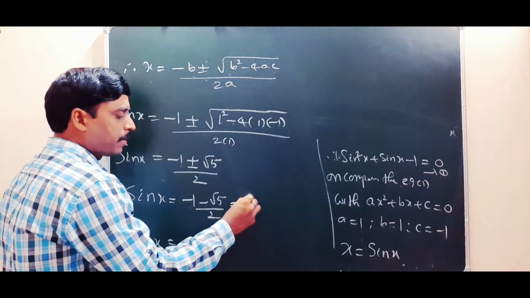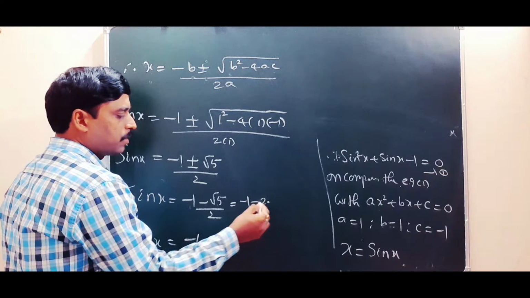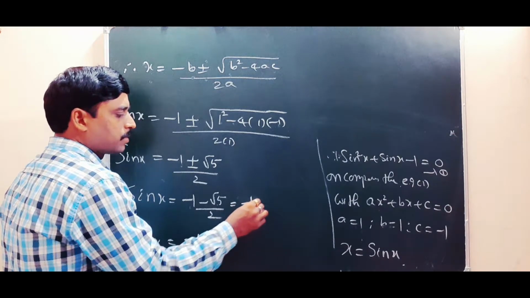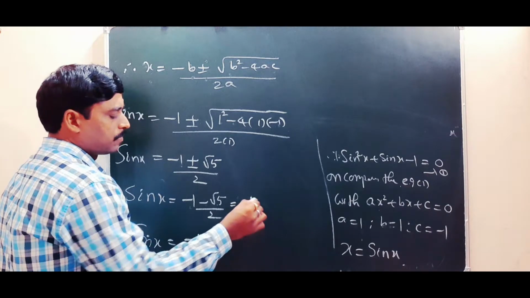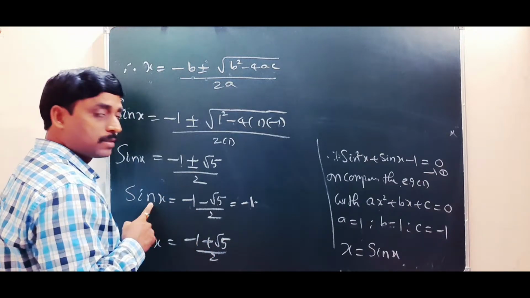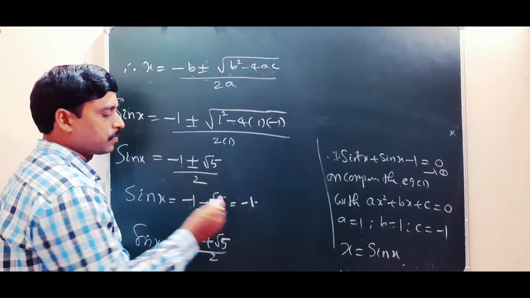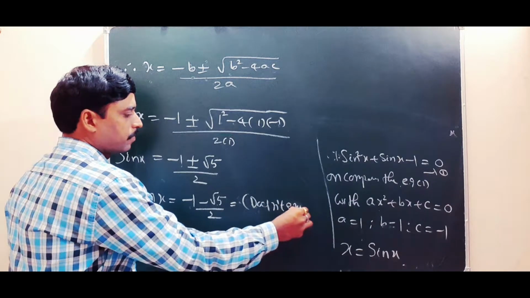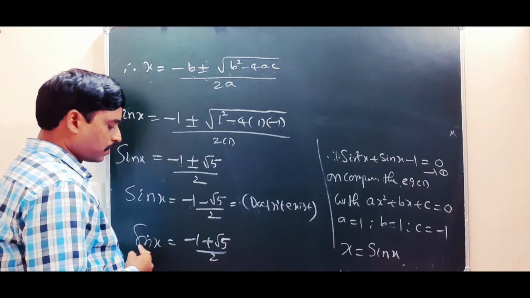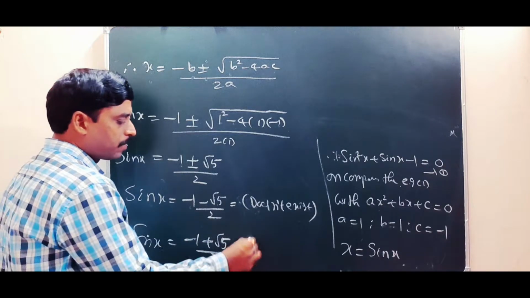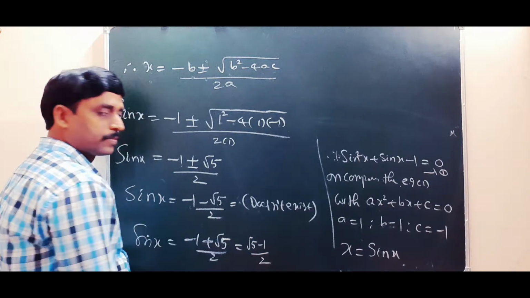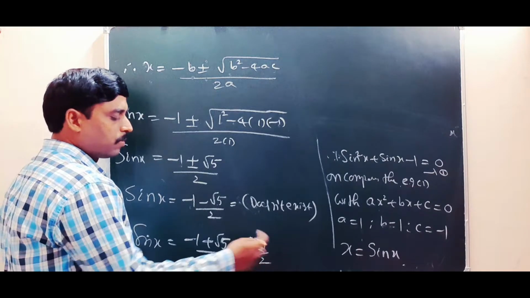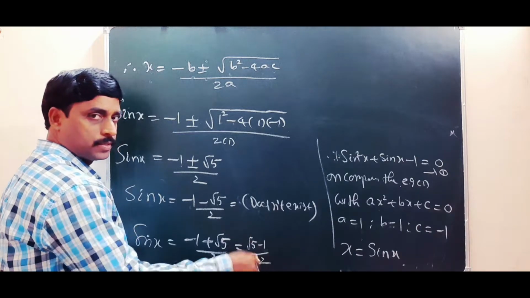So minus 1 minus root 5 by 2. It is going to be minus 1 minus, this is 2 point something, so minus 3 point something by 2, minus 1 point something. But sin x always lies between minus 1 to plus 1. Okay, this does not exist. So sin x is equal to root 5 minus 1 by 2. Root 5 value is 2 point something, minus 1, 1 point something by 2 is 0 point something.